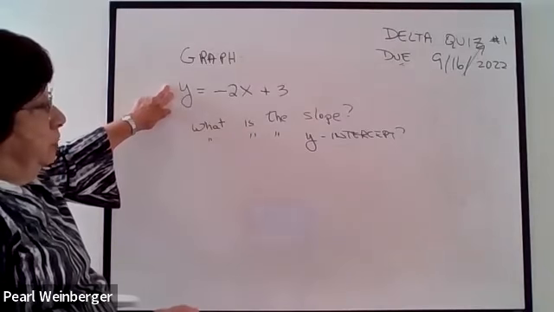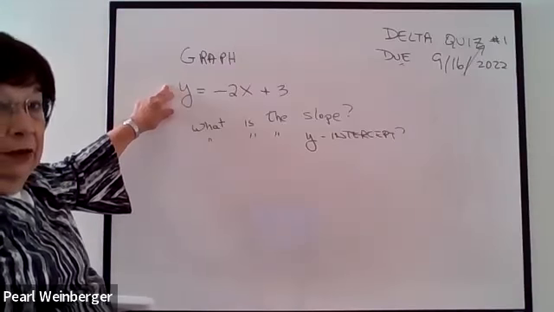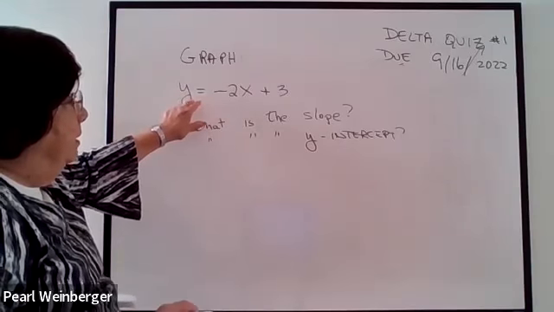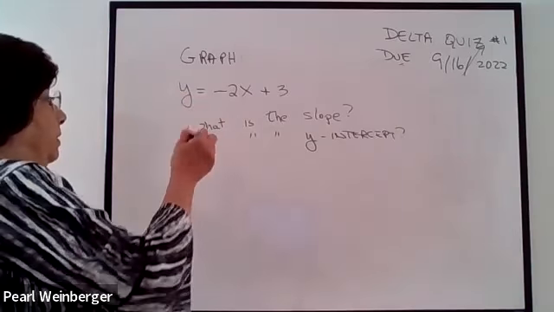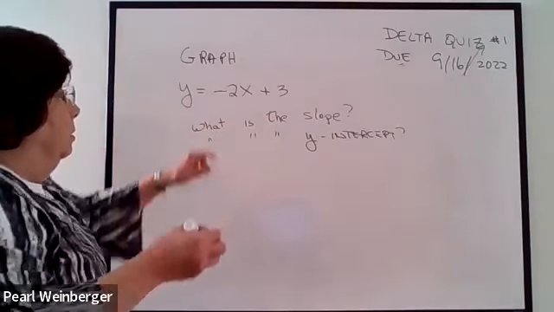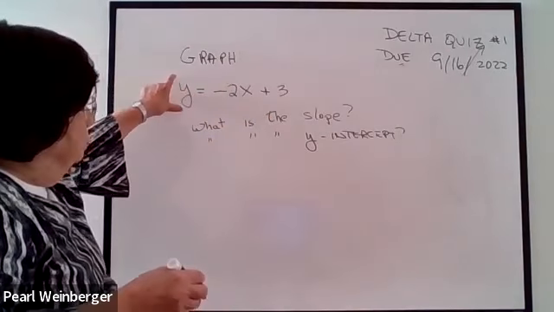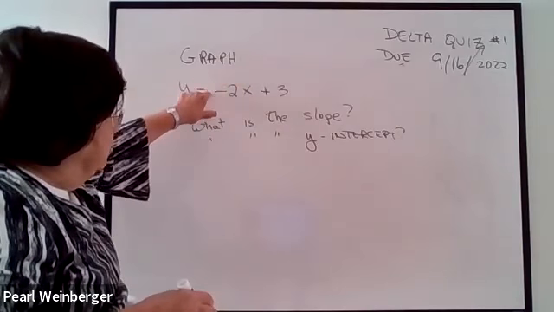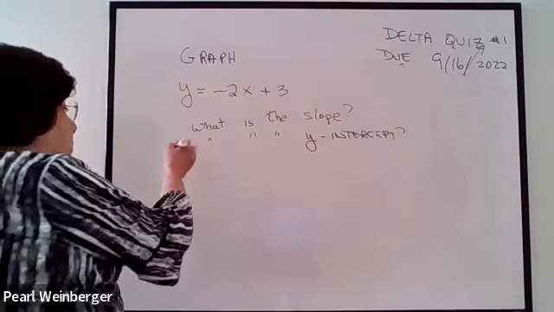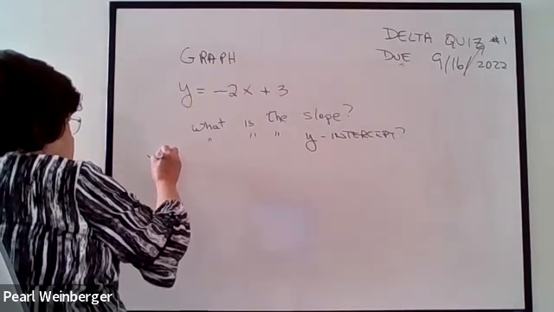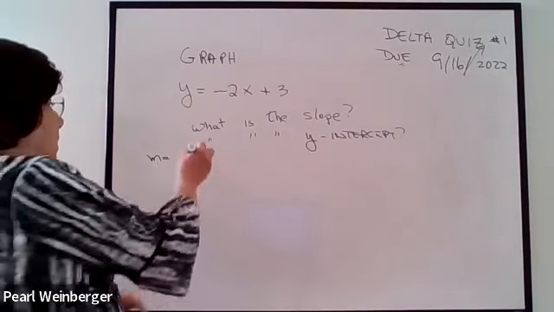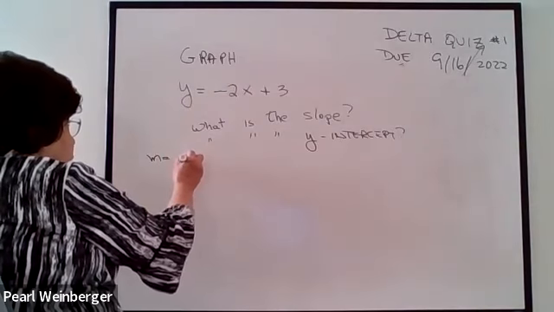This equation is set up in what we call the y equals mx plus b form, where, as long as you have y equals, the number in front of the x is what we call the slope. The symbol that's used for slope is m. The m is -2.